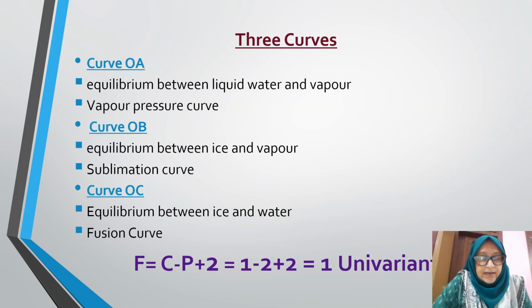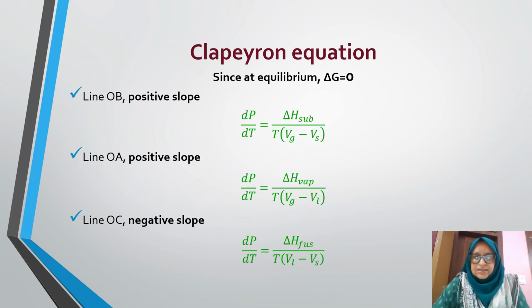And again in this particular phase diagram of water, we can see three different curves: curve OA, curve OB, and curve OC. In these curves, the degrees of freedom comes out to be 1, that is the system is univariant. And this is the mathematical explanation of all these regions and curves.